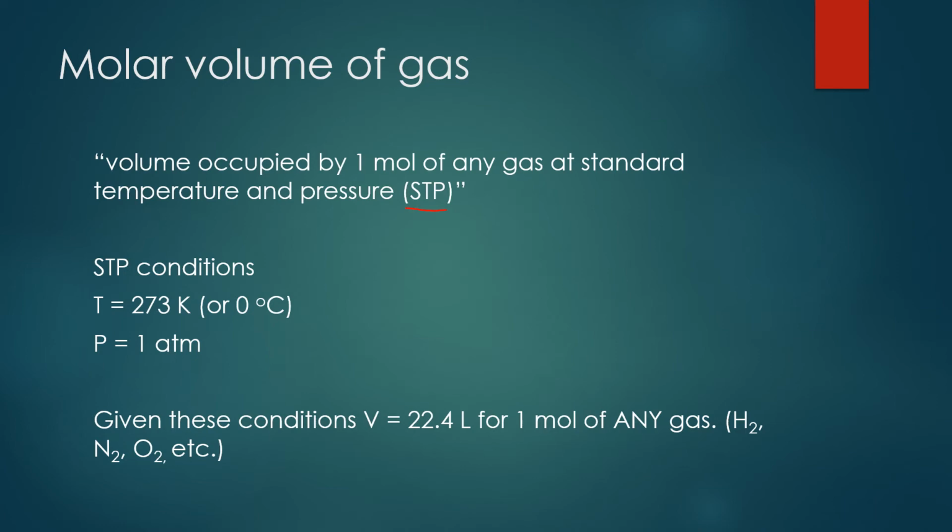When they use those words in a word problem, they are giving you the temperature and also the pressure. At standard temperature and pressure conditions, the temperature is 273 Kelvin and the pressure is 1 atm. So if you see those letters, STP, you have been given the temperature and the pressure.